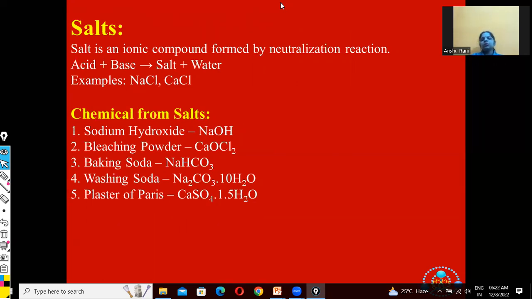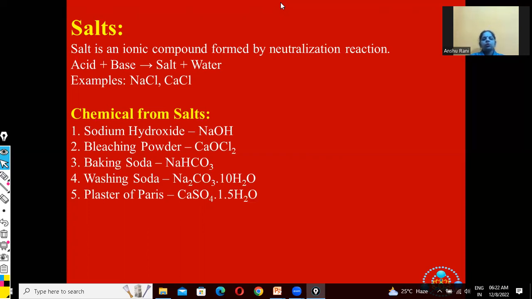In crystallization, we take impure salt, dissolve it in water, filter it, make a concentrated solution, and keep it undisturbed for a day. Next day, you will find crystals of sodium chloride settle down. In the mother liquor, there will be impurities that can be taken off to get the pure salt. We can dry the crystals to get pure crystals of sodium chloride.